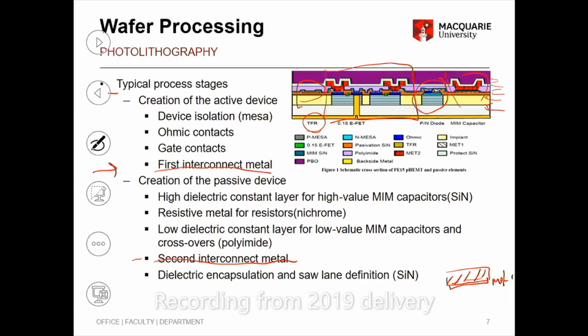If you want to make a low dielectric capacitor, you will probably fill it up with polyimide. And then you lay out your metal 2. Depending on your area, you will get the capacitance. You will have to have a contact here. That metal 2 will have to route out, and the metal 1 will have to route out, and then you need contacts to other circuits.